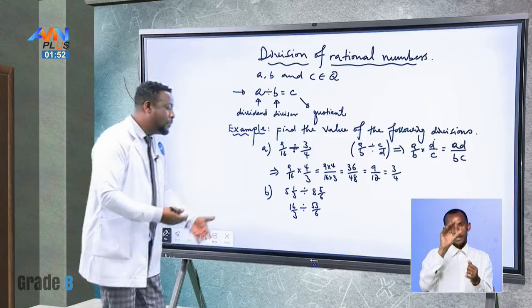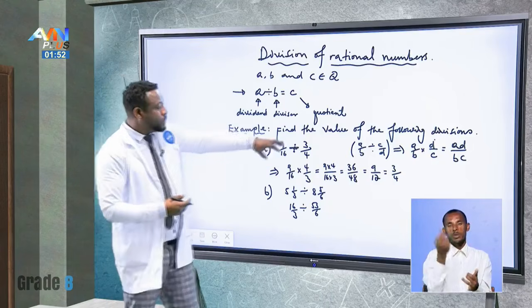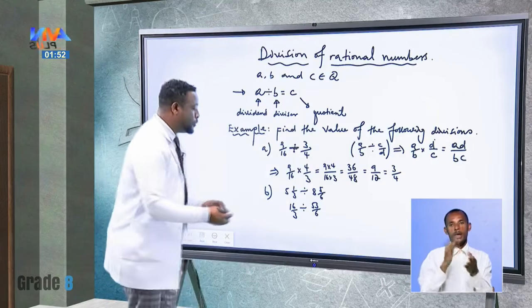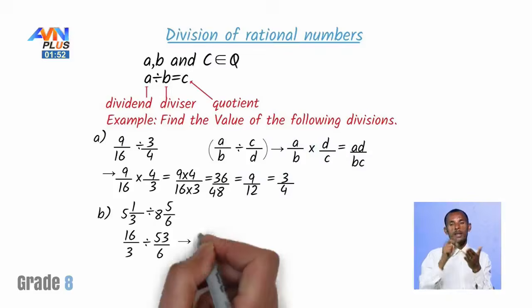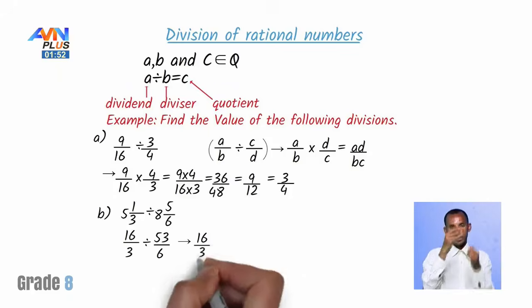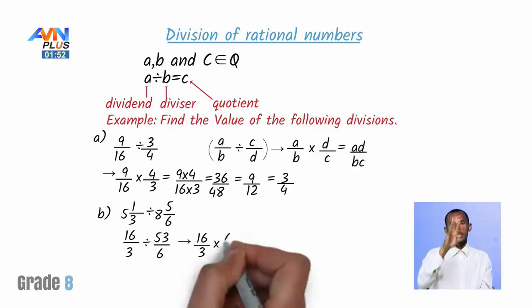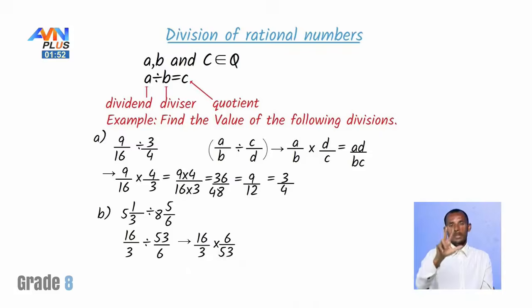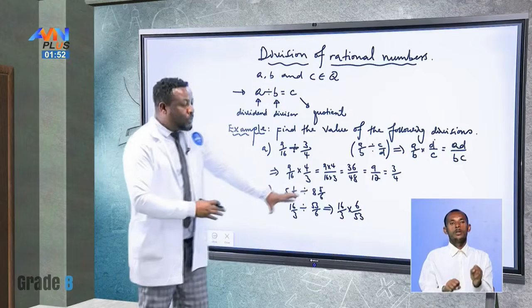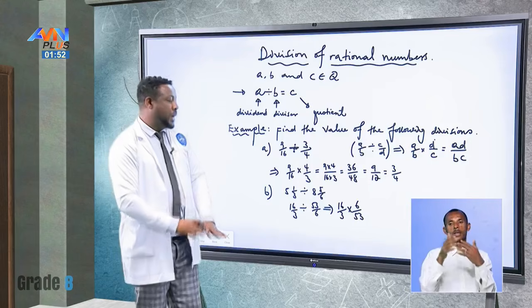Now, using the principle that I stated here, you can write this as 16 over 3 times 6 over 53. Now it is easier to get your answer.